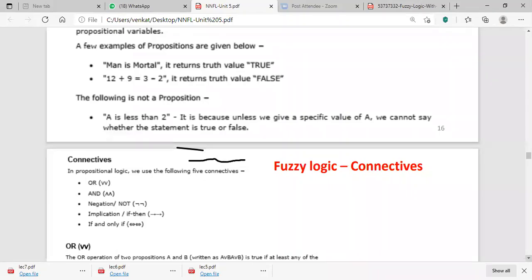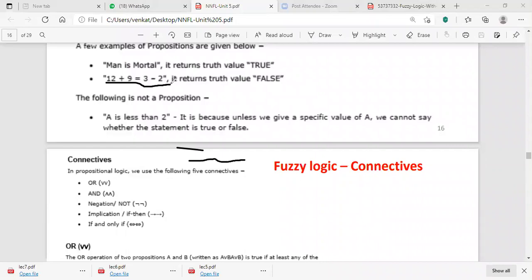A few examples of propositions are given below. Man is mortal. It returns a true value. In the second expression, 12 plus 9 is equal to 3 minus 2, which returns a false value. Likewise, you require a declarative statement for propositional logic.